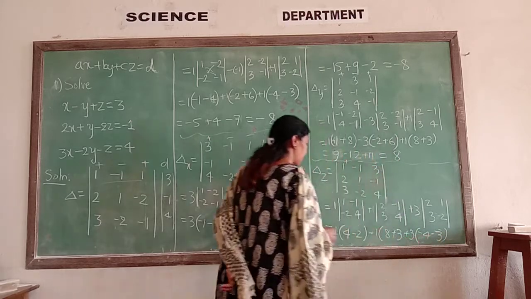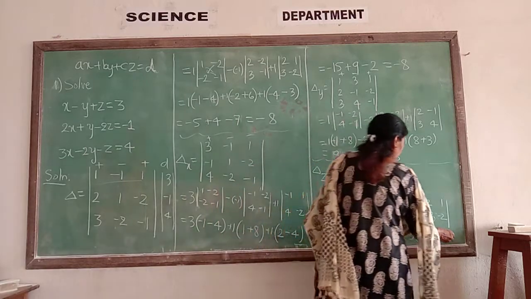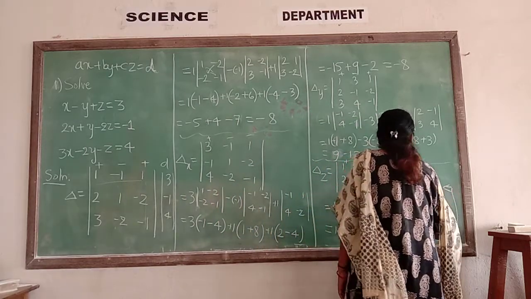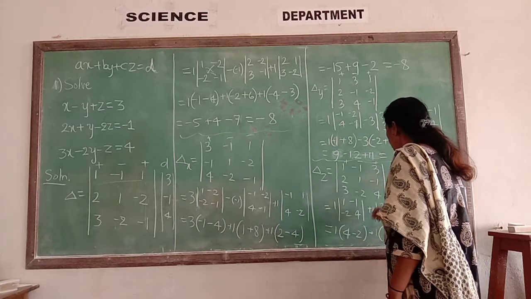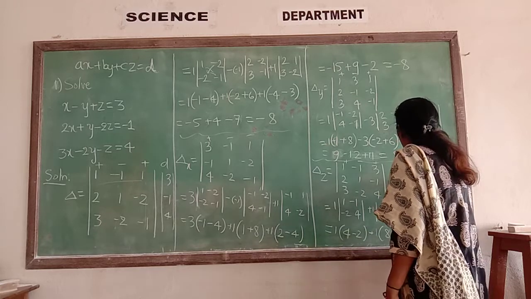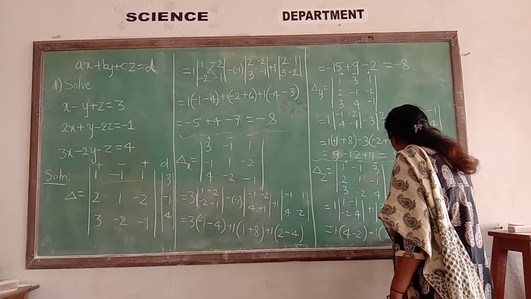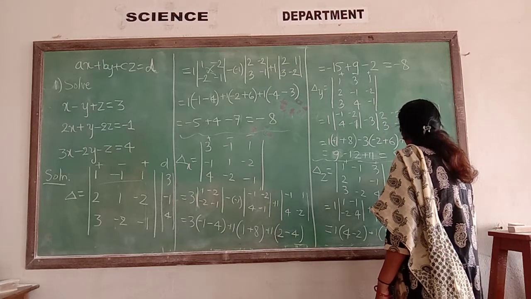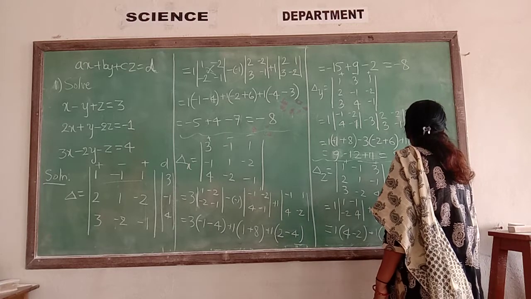So finally what will you get? The simplified answer you will get here. That is 2 into 1 is 2, and 11 into 1 is 11 minus 4 minus 3 is minus 7, minus 7 into 3 is minus 21. The answer is 10. Minus 10 is minus 8 is the answer.